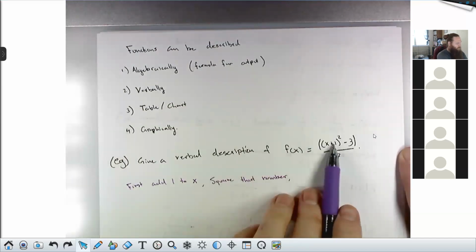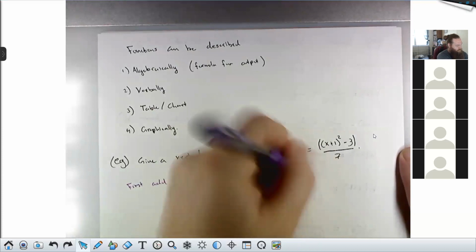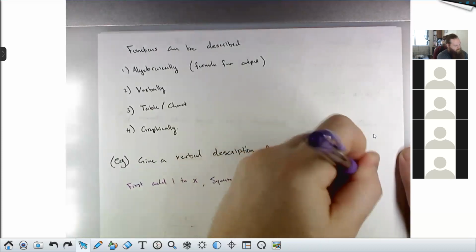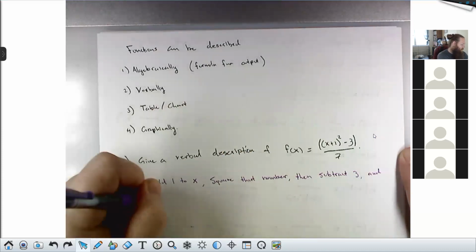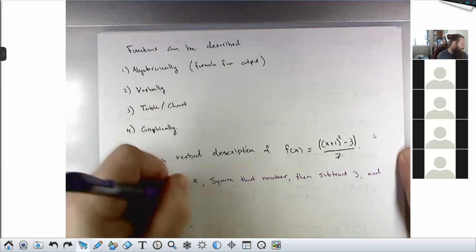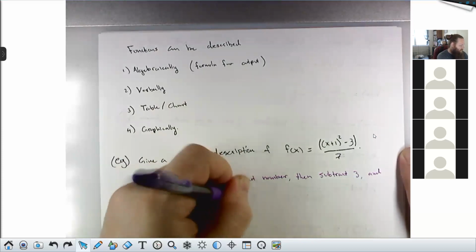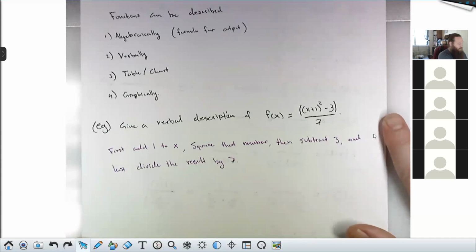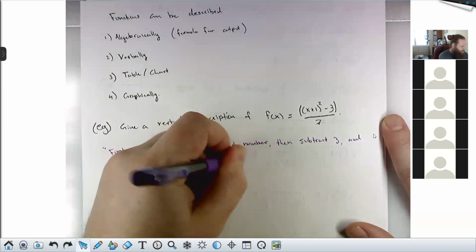So that's the x plus 1 right here, add 1 to x, then you square that number, then subtract 3. And lastly, divide the result by 7. Okay, so not anything amazing. This would be a verbal description of that function.